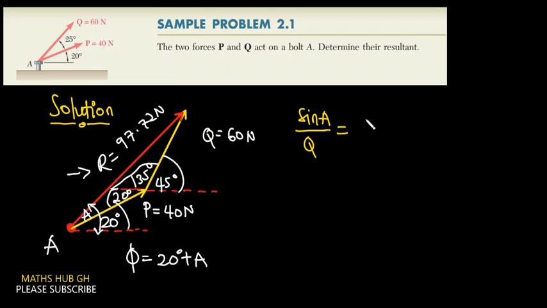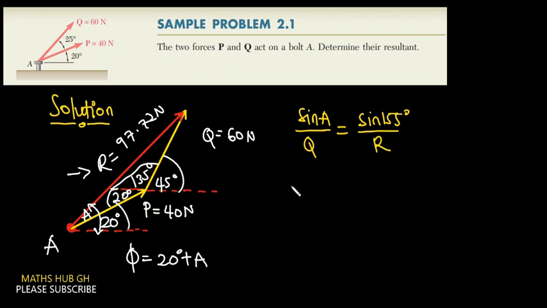So we have sine of A divided by the side opposite to angle A, which is Q, equal to sine of 155 degrees divided by the resultant force. We can't use this other side here because we don't know the angle there. If you knew the angle, you could have used that also, but we can't use that to solve for angle A.